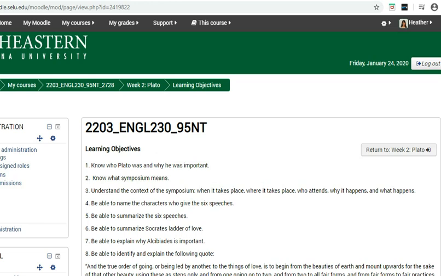So he asks questions, and then from those questions, he's able to draw out the ideas that he wants to make a point about. We see that actually happen in this text. Socrates just kind of drills Agathon about what he said. And so then Socrates is able to say what he's going to say about love through the Socratic method.